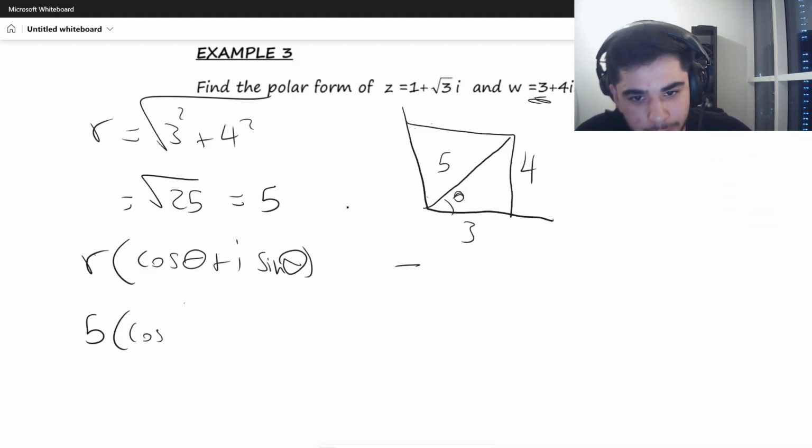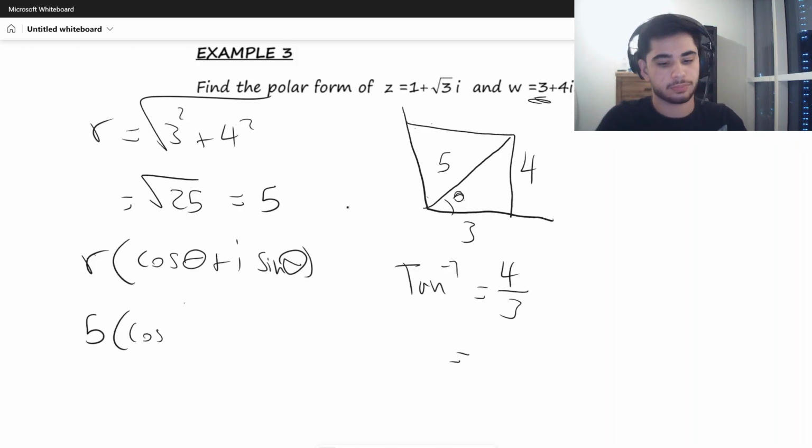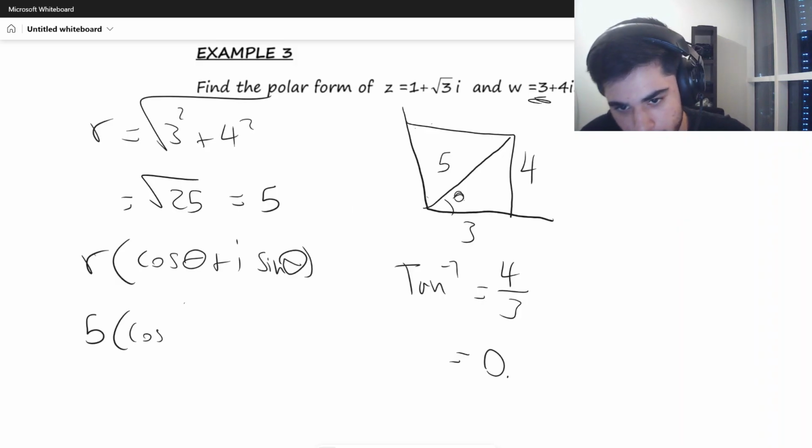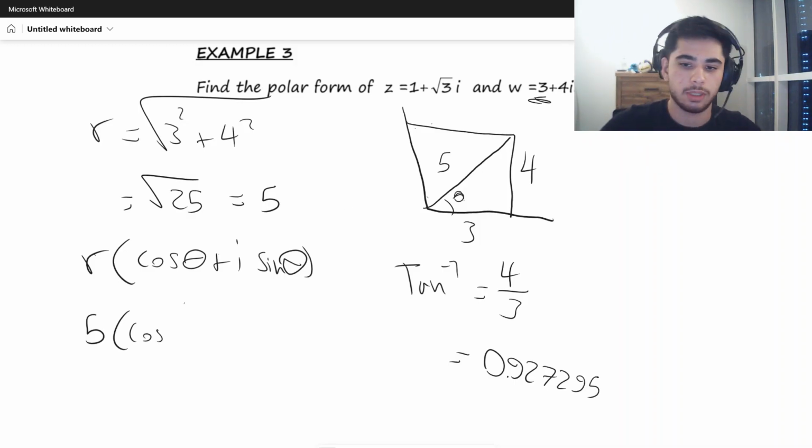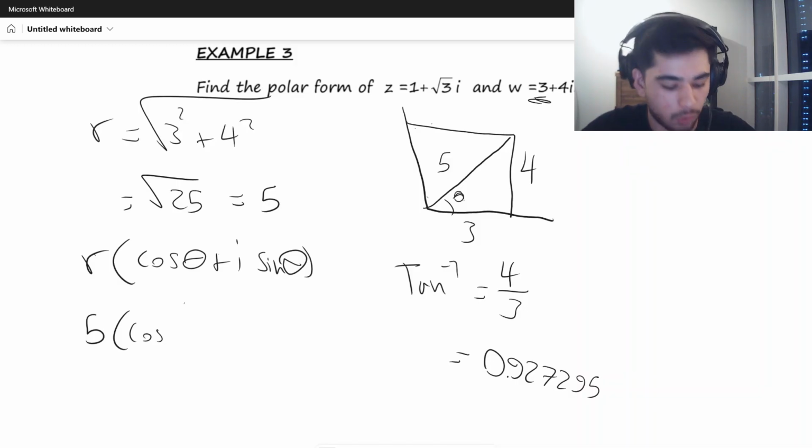Okay, so tan minus 1 of 4 over 3 is 0.927295. Always write them in their full form if they're not your final answer. If they are your final answer, write them in 3 significant figures. That's a pro tip from me. So then that's our theta.